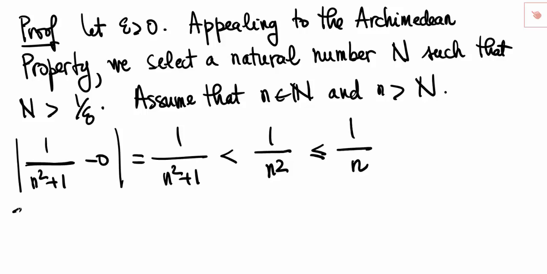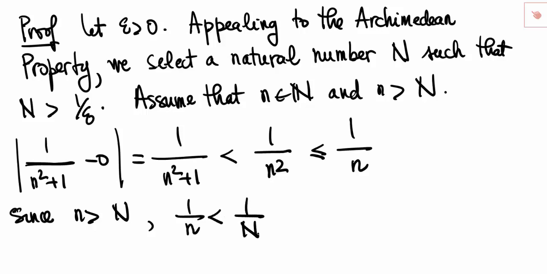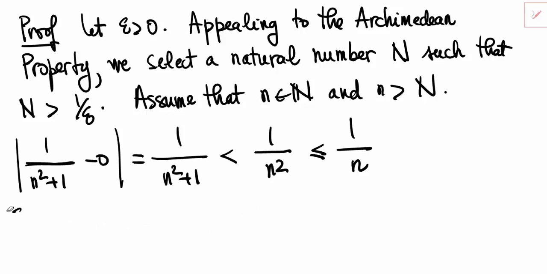And since little n is greater than capital N, 1 over n is going to be less than 1 over capital N, which is of course less than epsilon, right? So in fact, I can just write all of this together: this is less than 1 over capital N, and this is less than epsilon, right? So we have proved the epsilon-N criterion.